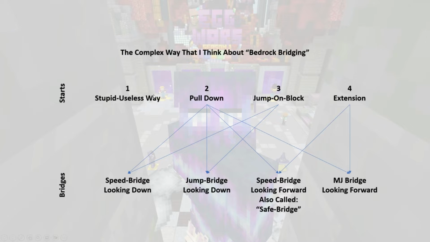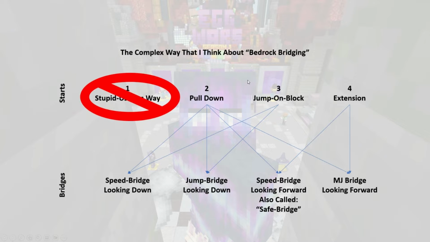I will show you this way, but I'm not going to show you that with each of the bridges because it's a little bit pointless, and I'll explain that. Then the pull down method for starting a bridge can be used for all four of these bridges, or should be used for all four when the time comes.